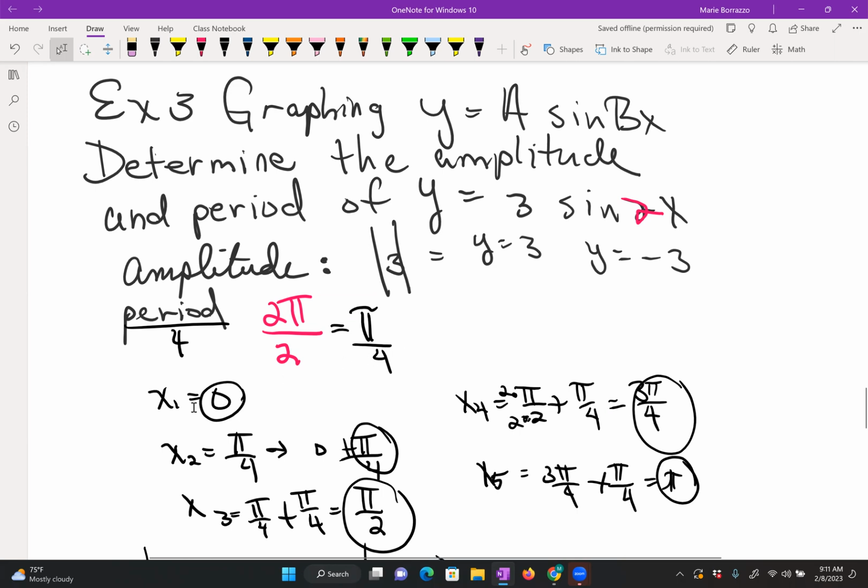So we start with 0. 0 plus pi over 4 is pi over 4. Pi over 4 plus pi over 4 is just pi over 2. Pi over 2 plus pi over 4 gives me 3 pi over 4. 3 pi over 4 plus pi over 4 ends up in 4 pi over 4, which is just pi.